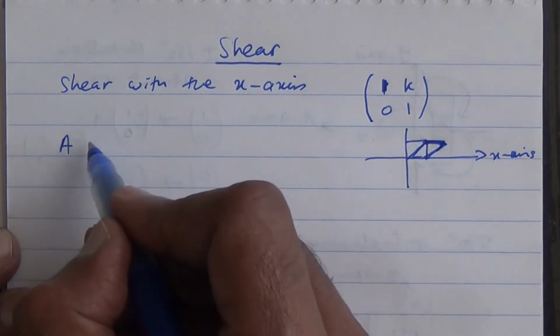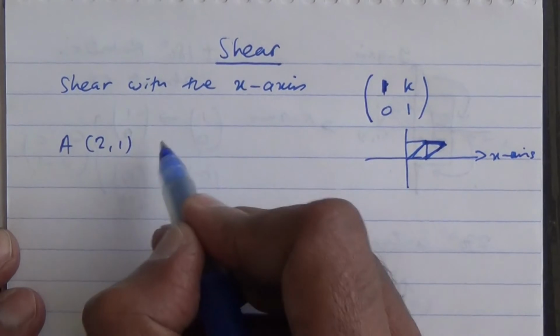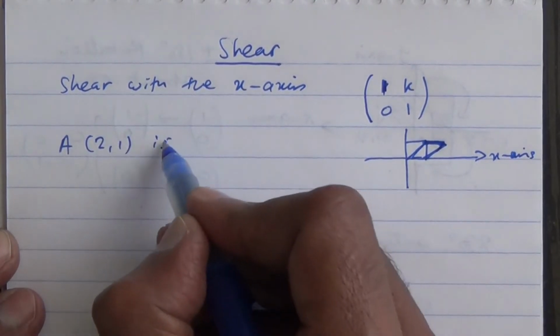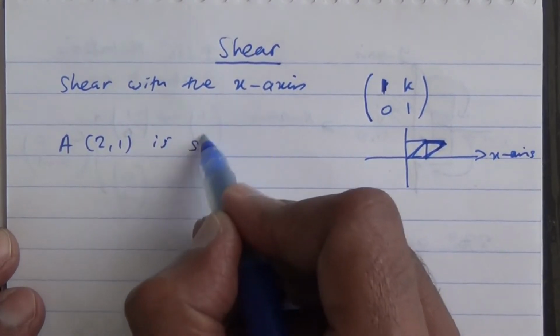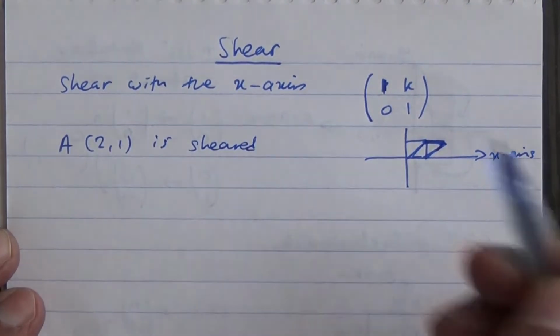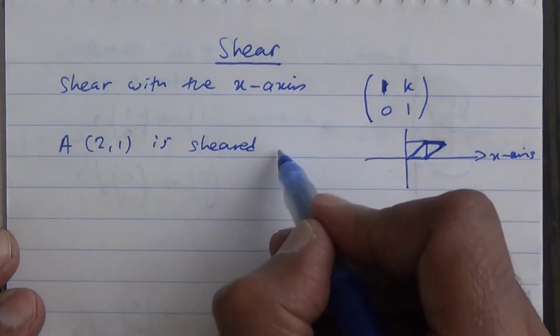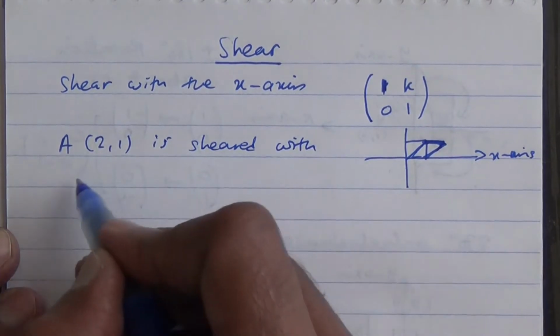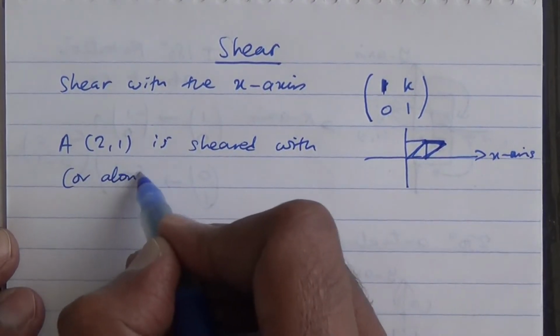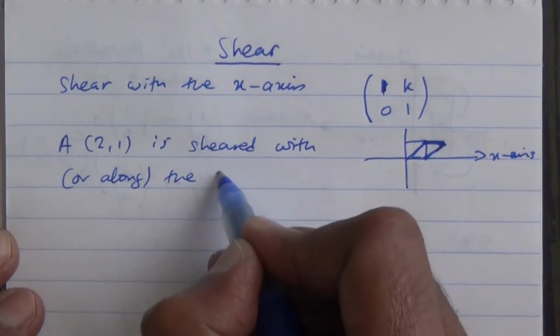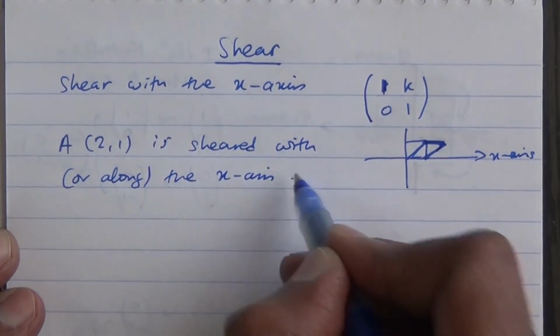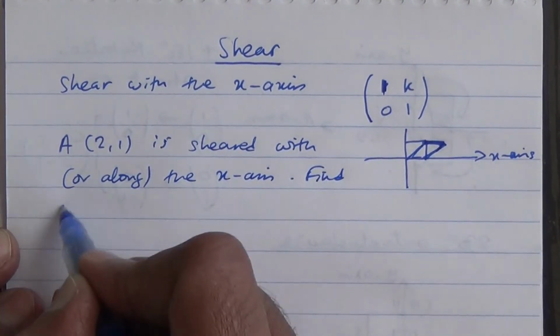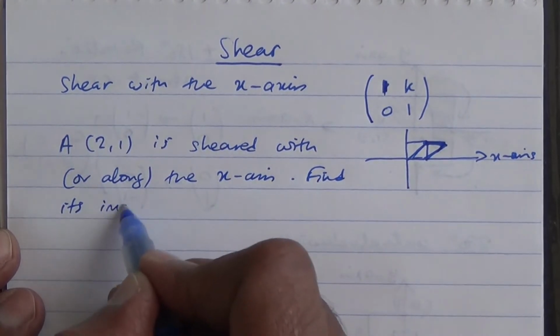Okay, so let's say the point (2, 1) undergoes a shear along the x-axis. Find its image. So we're going to use a matrix.